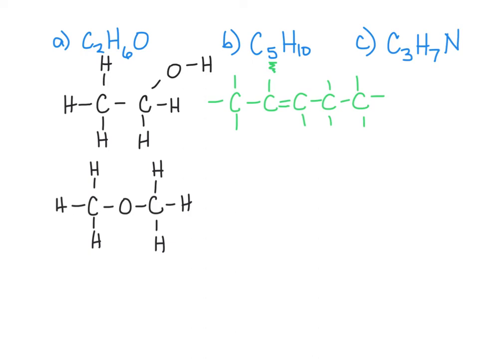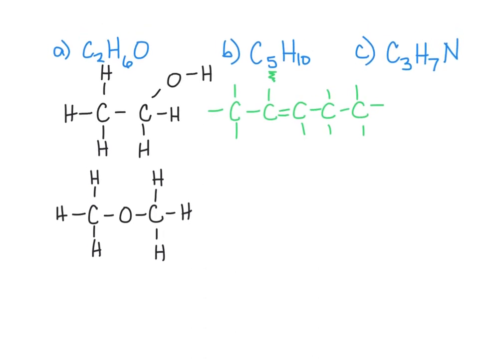I can move that double bond around and get another possible structure. So I can do 1, 2, 3, 4, 5 carbons here. And again, I'm now just going to add my hydrogen. Again, I need that double bond first to take away the spots.